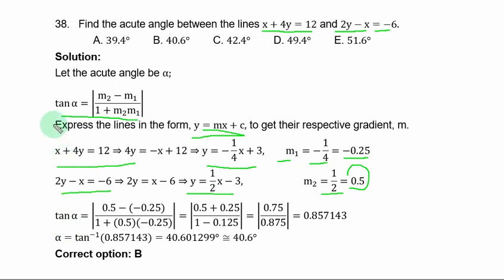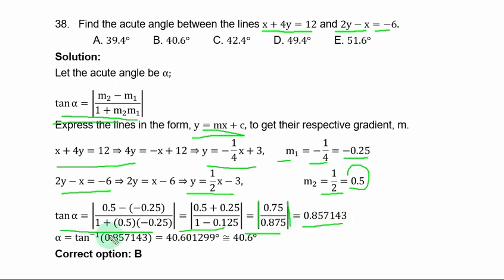You go back to the formula, you replace m2 and m1 with what they stand for. That simplifies to this and this. Now, what this symbol does is to ensure that all negative values are converted to positive. If the values are positive, they remain the same. After division, you have this result.